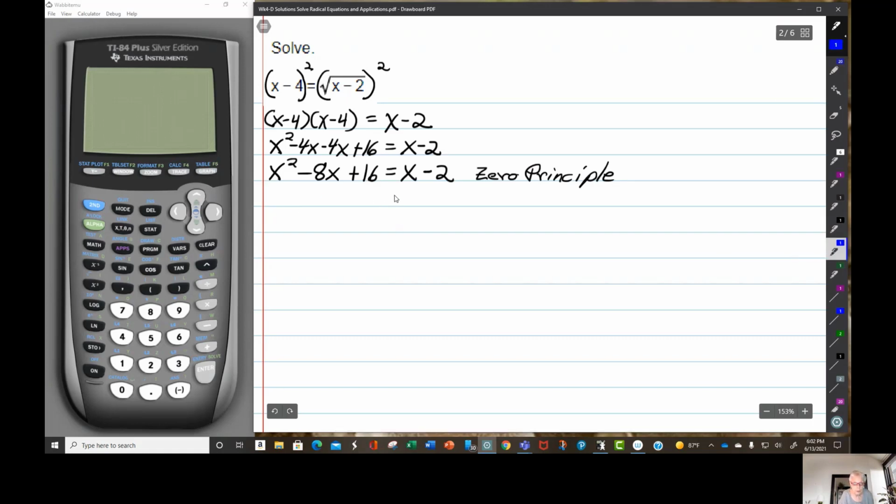I'm going to subtract x from both sides of the equation, and I'm going to add 2 to both sides of the equation. Over here, I get 0 plus 0, which is 0.